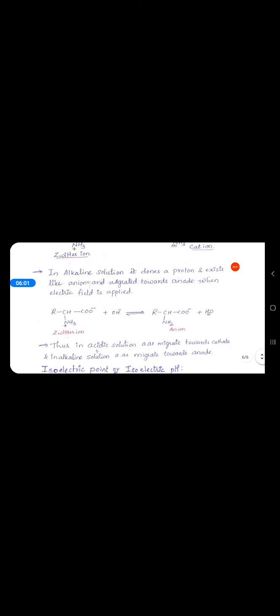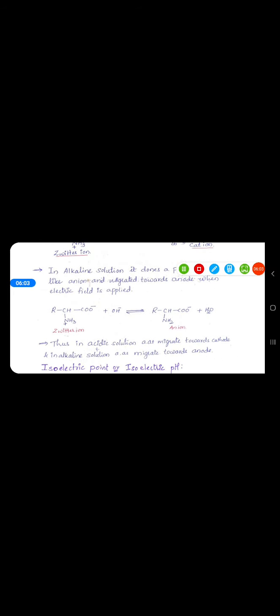And in alkaline solution, OH minus ions are present, that may be from NaOH or KOH. So Zwitter ion donates an H plus ion, donates a proton, and this OH minus becomes H2O and the Zwitter ion becomes an anion. Here COO minus remains, an anion.